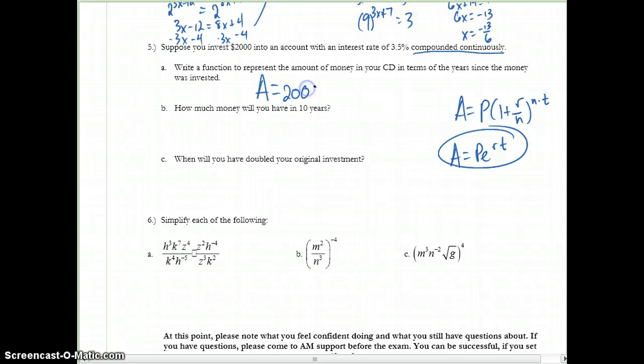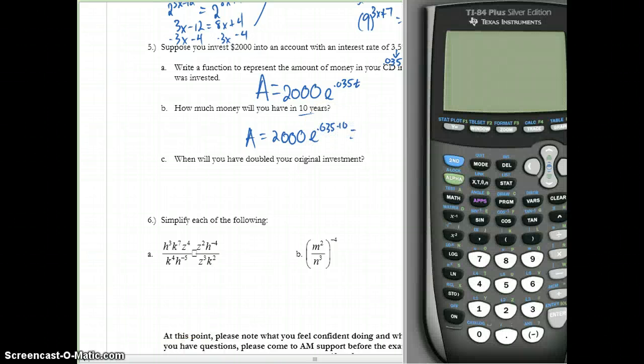We start with 2,000. e raised to the 3.5%, we'll write as 0.035 t. I want to know how much money I have in 10 years, so I'm going to plug in 10 for t. Take out your calculator.